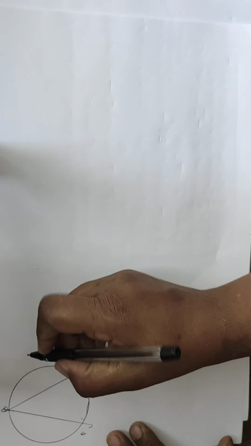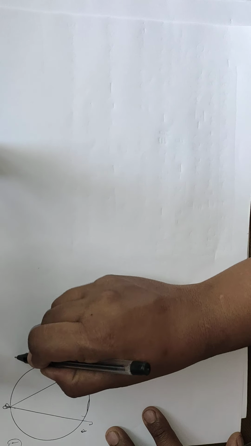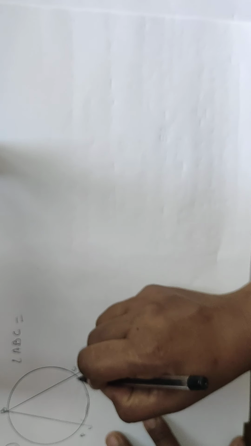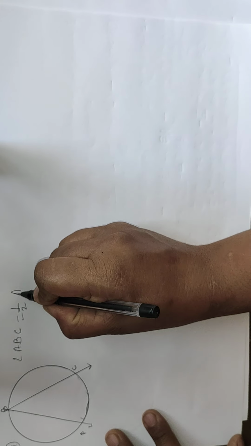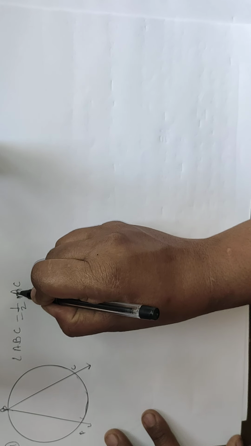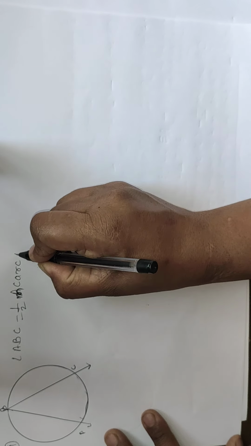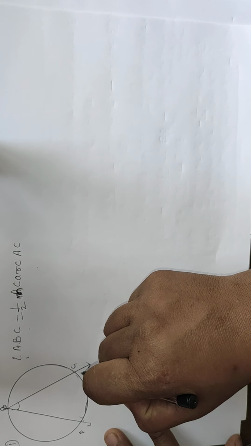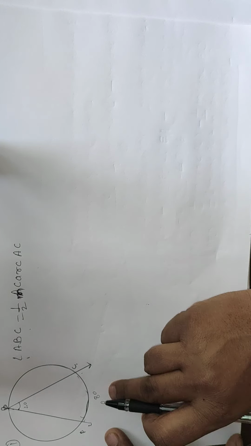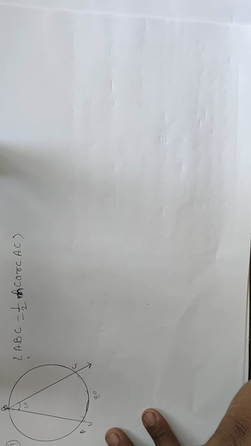What we understand from this is that angle ABC is equal to 1/2 the measure of arc AC. If the measure of arc AC is 80, then this angle is 40. In this way, this is the first point to remember.